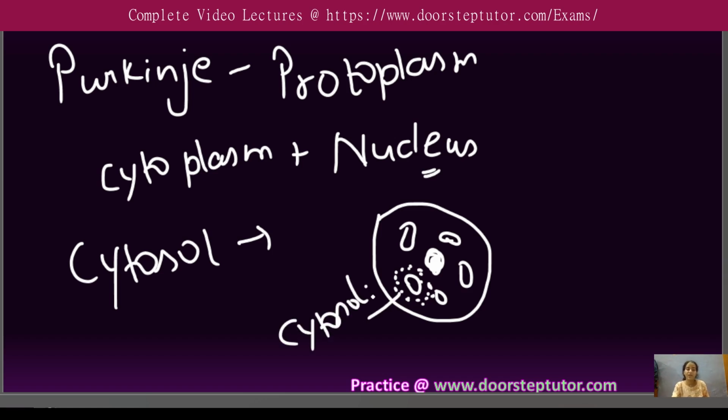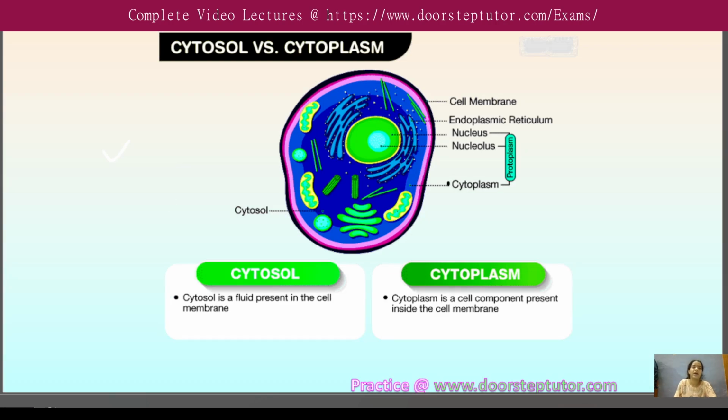Okay, now let's see this diagram. As we can see here, cytosol is present, the substance present surrounding the organelles. And another term is cytoplasm. In cytoplasm, we include all the substance inside the cell except nucleus. We are including cell organelles and cytosol, but we are not including nucleus.